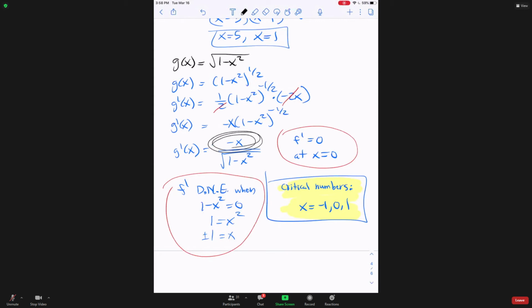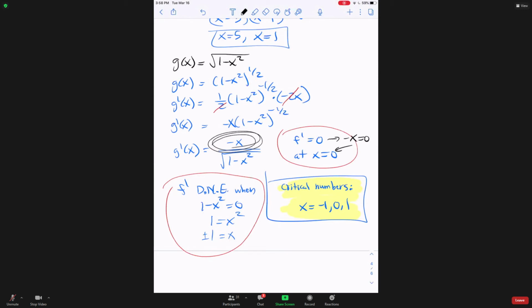So it's negative x equals 0, which means x equals 0. So just remember, whenever the derivative is a fraction, where the numerator of the fraction equals 0, that's when the derivative is 0. So that's included as a critical number. And when the denominator is 0, that's when the derivative is undefined. So that also gets included.